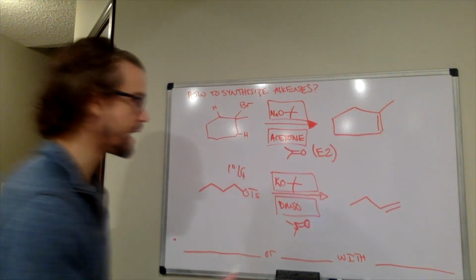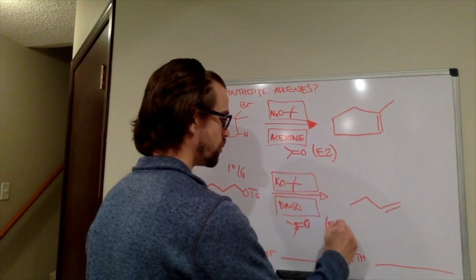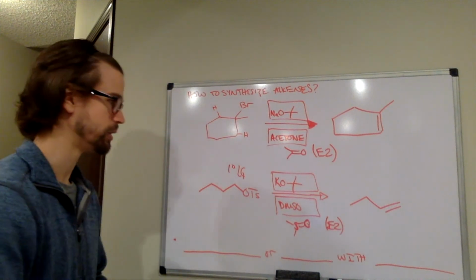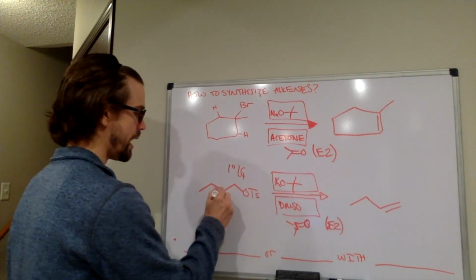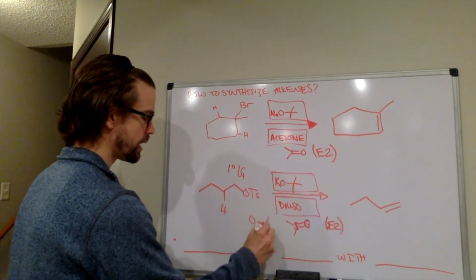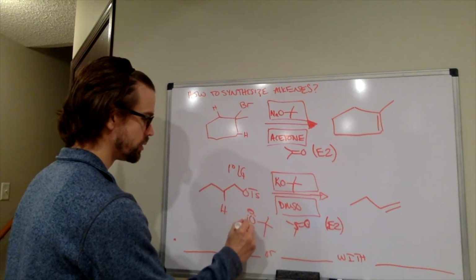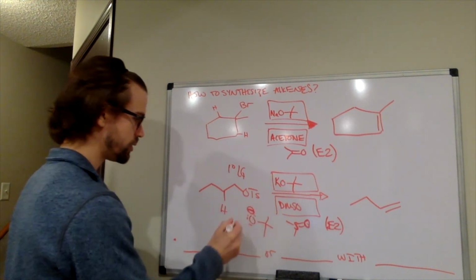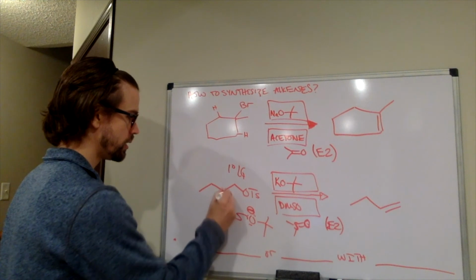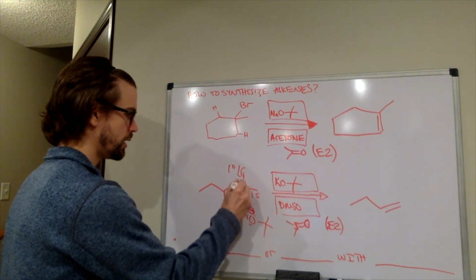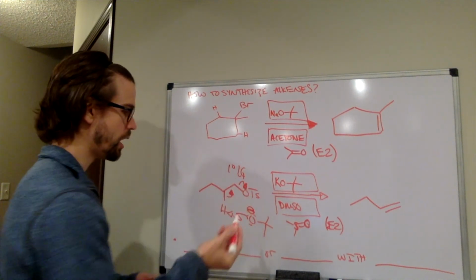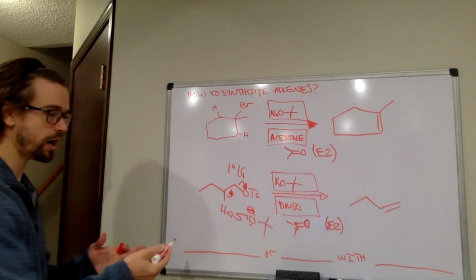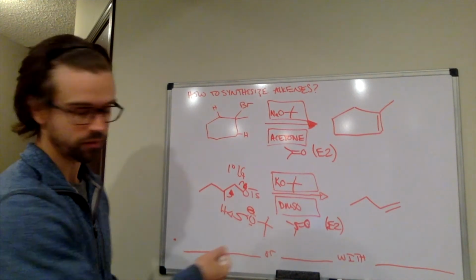And that is, again, going to work by an E2 reaction mechanism, where that tert-butoxide, a negative charge, grabs that proton, those electrons go there, and the tosylate leaves. What do we have written here?